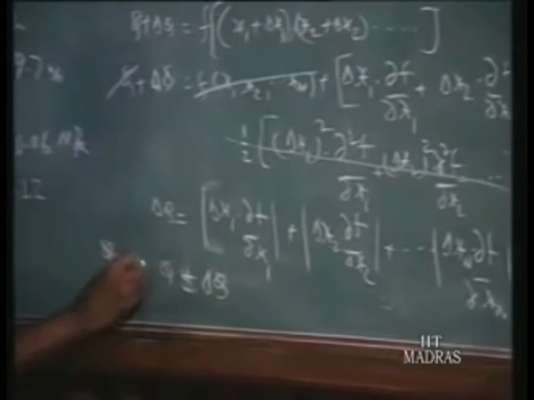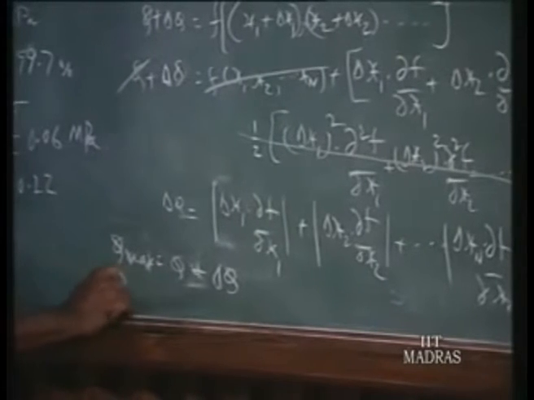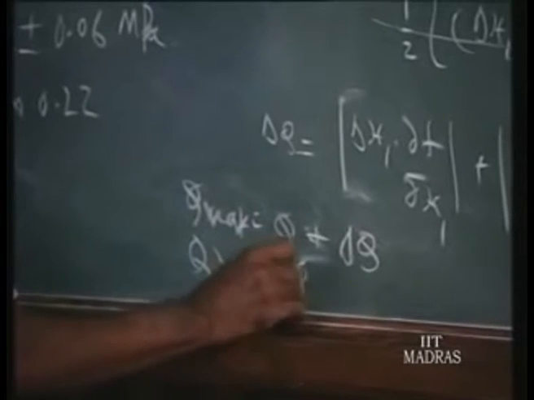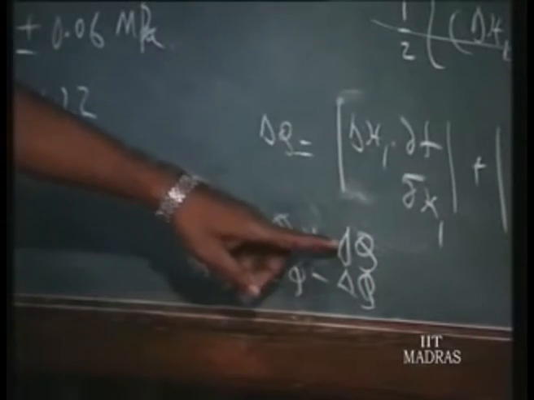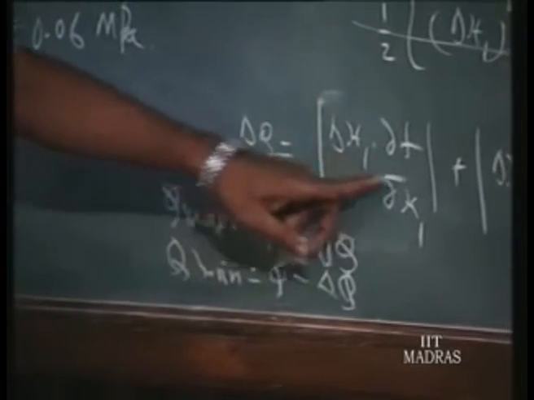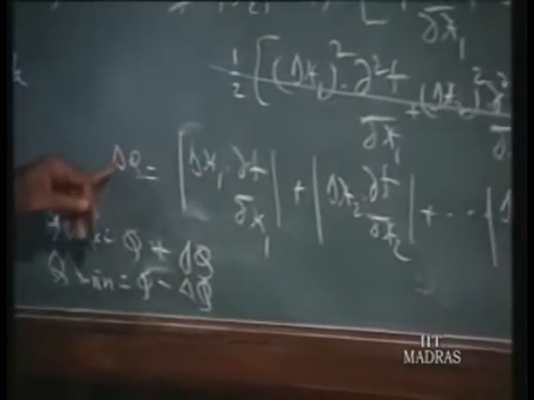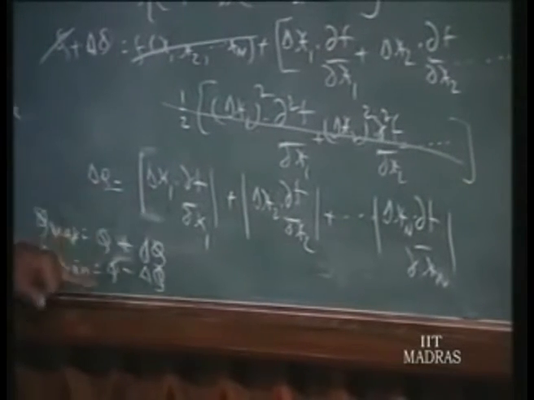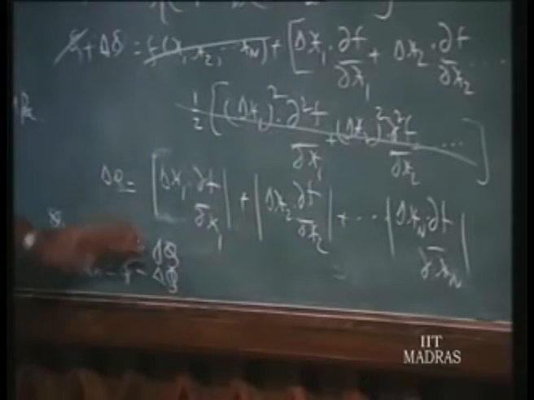So we will say q maximum is equal to q plus delta q, and q minimum is q minus delta q. Each instrument is assumed to work simultaneously at the maximum limit, and then you will get the maximum limit for q. Similarly, for the minus sign, all the instruments are supposed to work at negative maximum, and you will get the minimum.